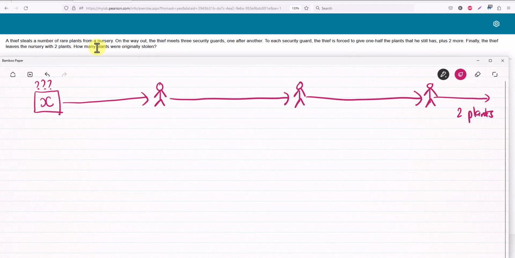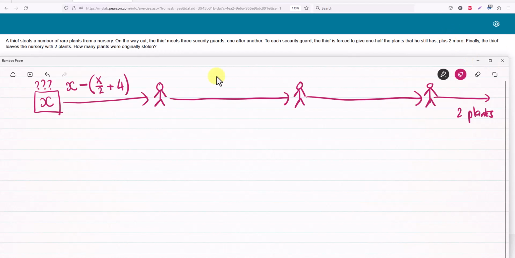So originally he has x plants. And then he meets the first security guard. And then the guard says, give me one half of your plants plus 2 more. So that means whatever he stole in the beginning, now he needs to subtract half of that amount plus 2 more.